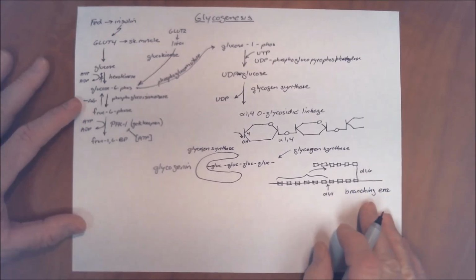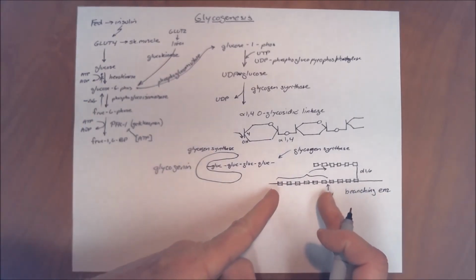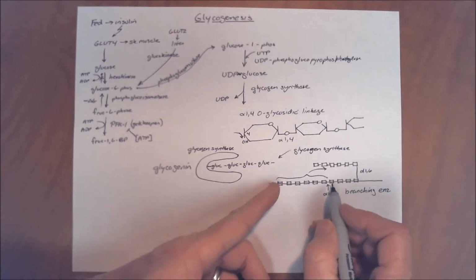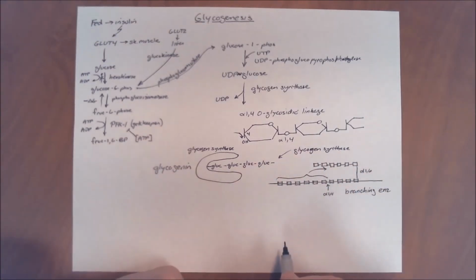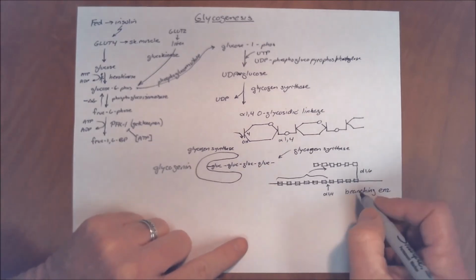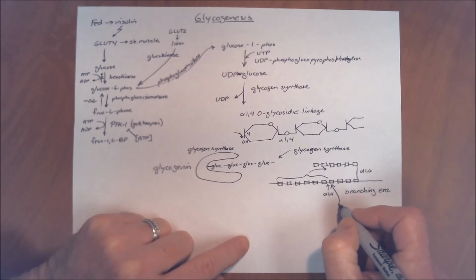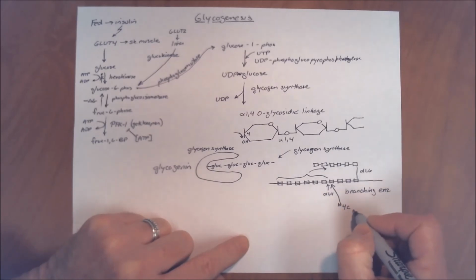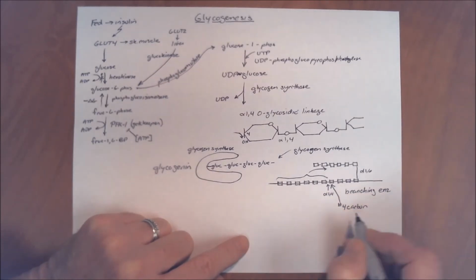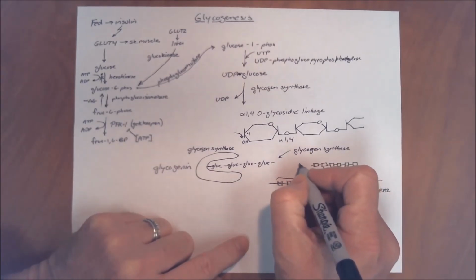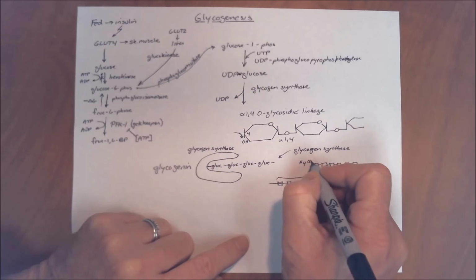So the branching enzyme recognizes approximately 6 to 8 monomers that have been linked together in glucose, hydrolyzes the alpha 1,4, transfers this over to an alpha 1,6. What we've essentially done by the branching enzyme then is we now have a free number 4 carbon to continue adding glucose, UDP glucose, and here we have another number 4 carbon.